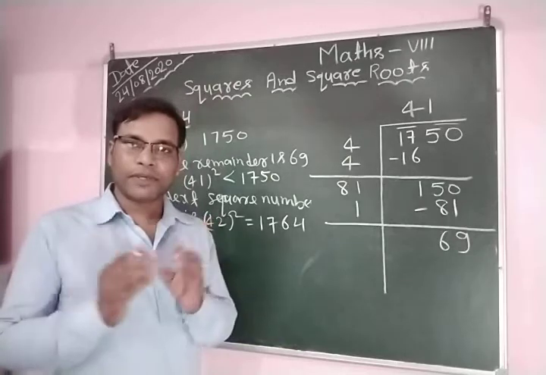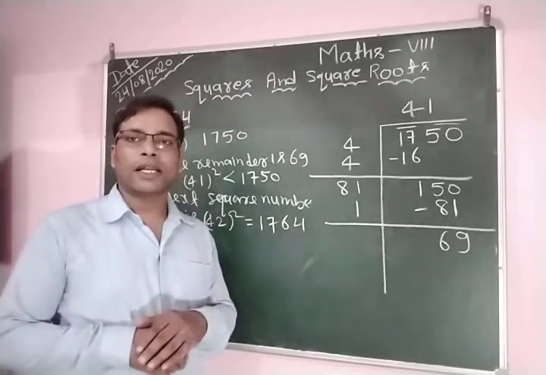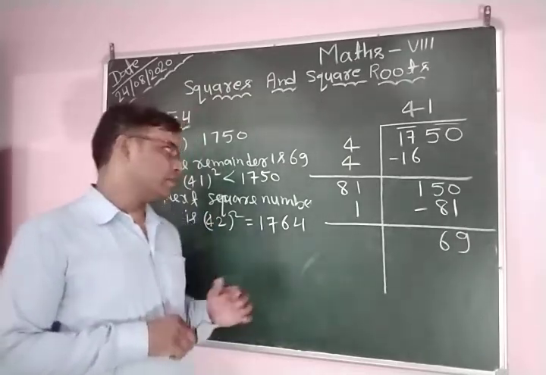For this we find the difference between the given number and the square of 42.